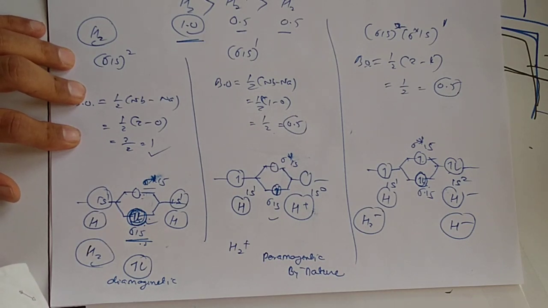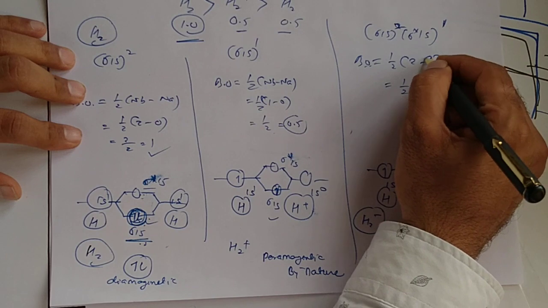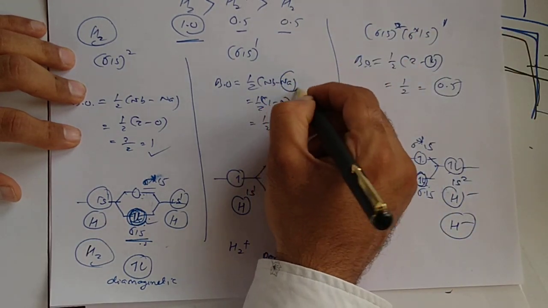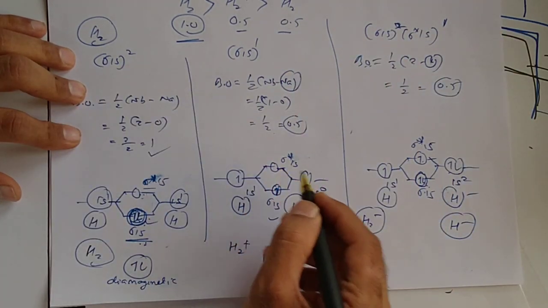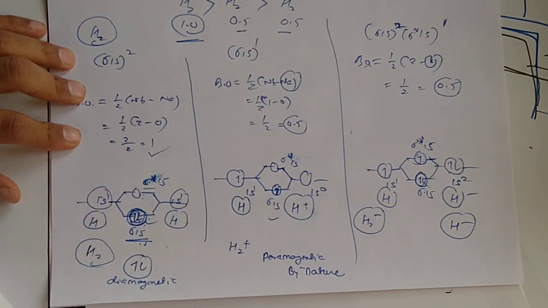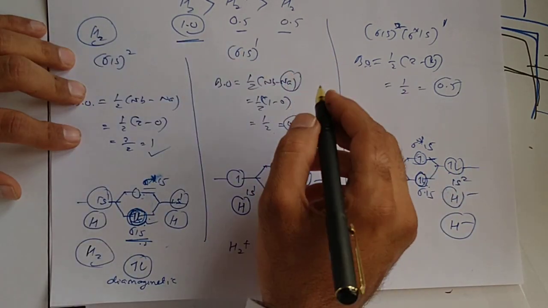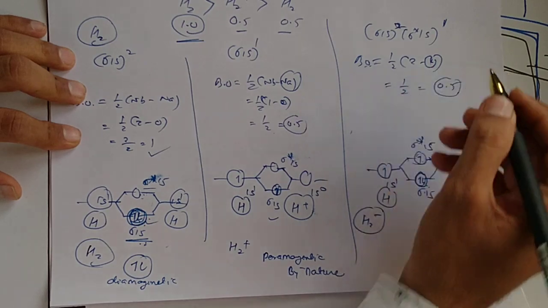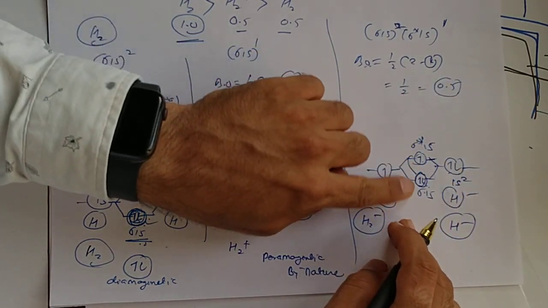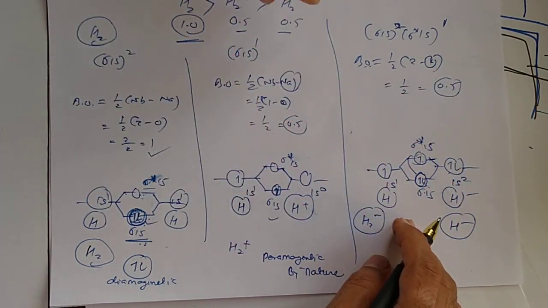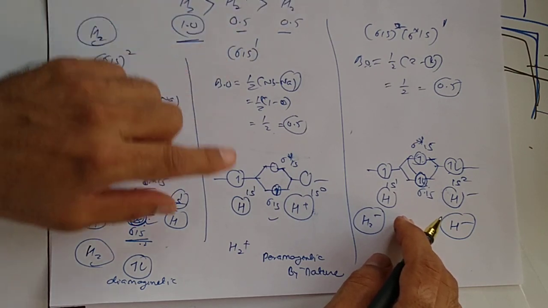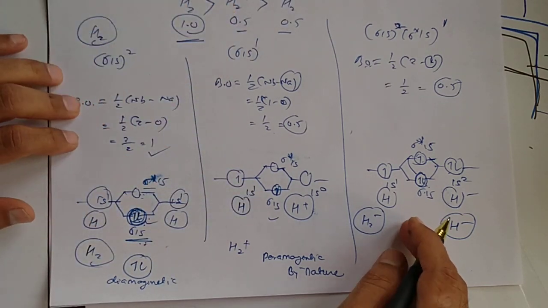Whenever bond order is the same, you have to check the number of anti-bonding electrons. In the star orbital, how many electrons are there? Here is 0, here is 1. So repulsion occurs more here. So stability is less for H2 minus and stability is higher for H2 plus.